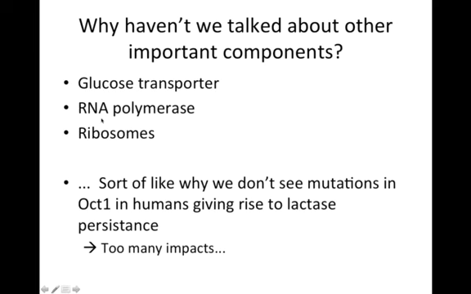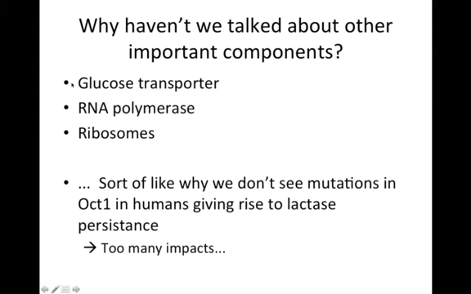It would affect everything, right? It would affect all the genes, all the machines and proteins that need to be made in the cell. And the same thing with the ribosomes. And maybe the same thing with the glucose transporter, or it may be the case that glucose can simply diffuse into the cell and does not need a specific permease-like protein to get it in. So I just wanted to point that out in case people were wondering why we were obsessing about these particular few things.